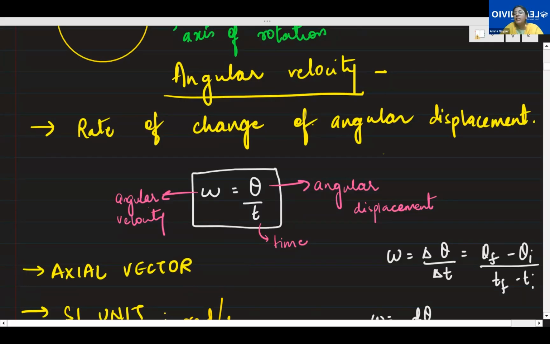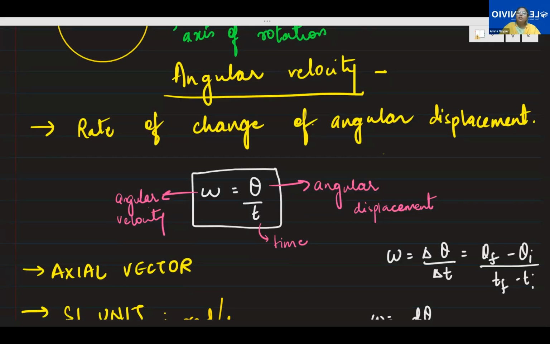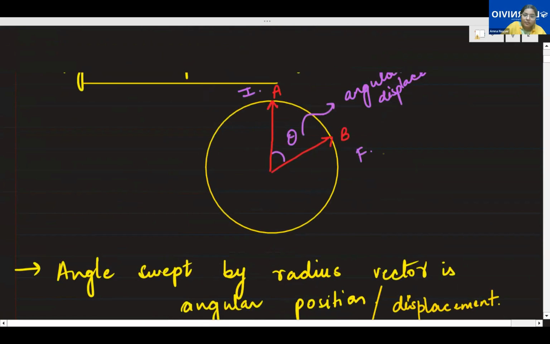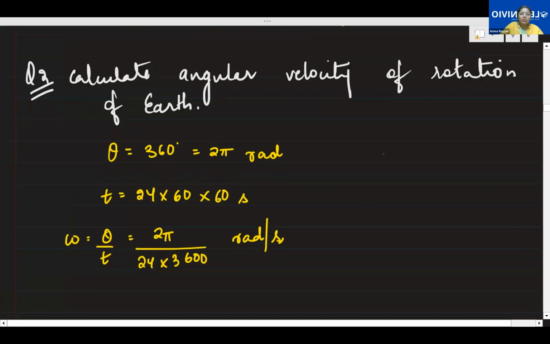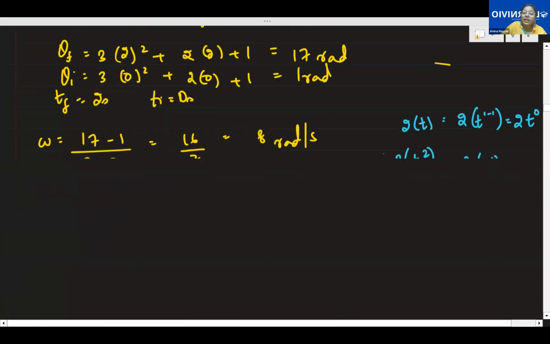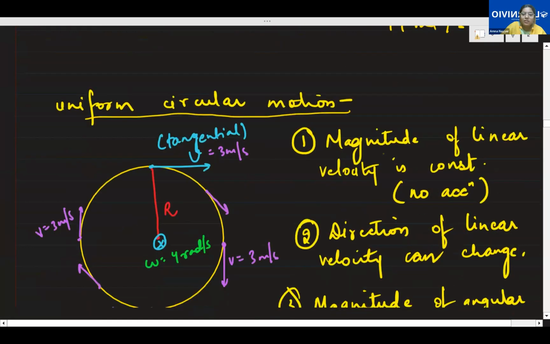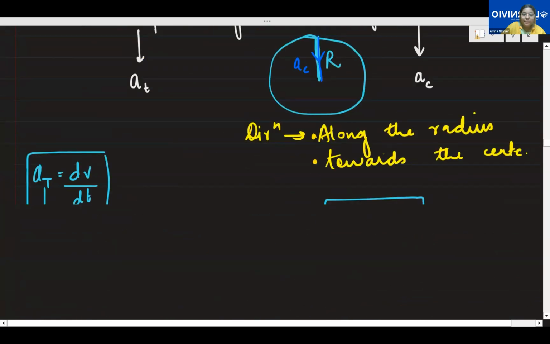Means the way you have linear velocity, this is the rotational analog of the velocity. Okay. Or I can share the notes with you, or you can take the video lecture for the last class. Okay.